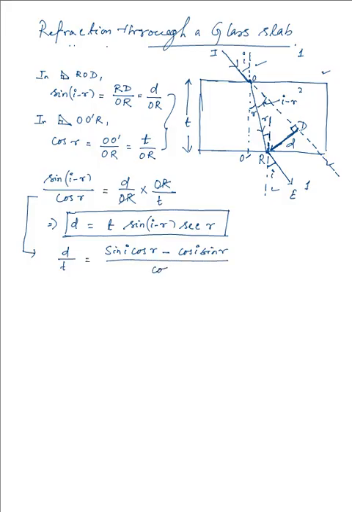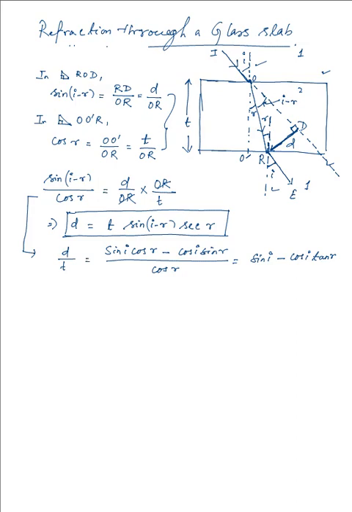Now we can just get rid of that cosine of r as of now. So we have sine i, as cosine of r gets cancelled with the first term, and as far as the second term is concerned, we have cosine i tangent of r. Now we can divide this entire equation and multiply at the same time by a factor sine of r.